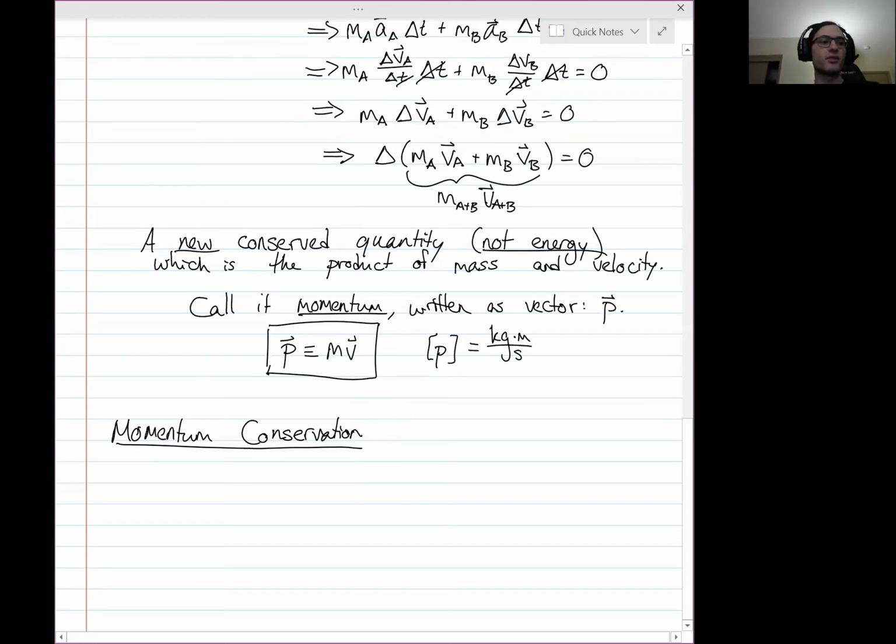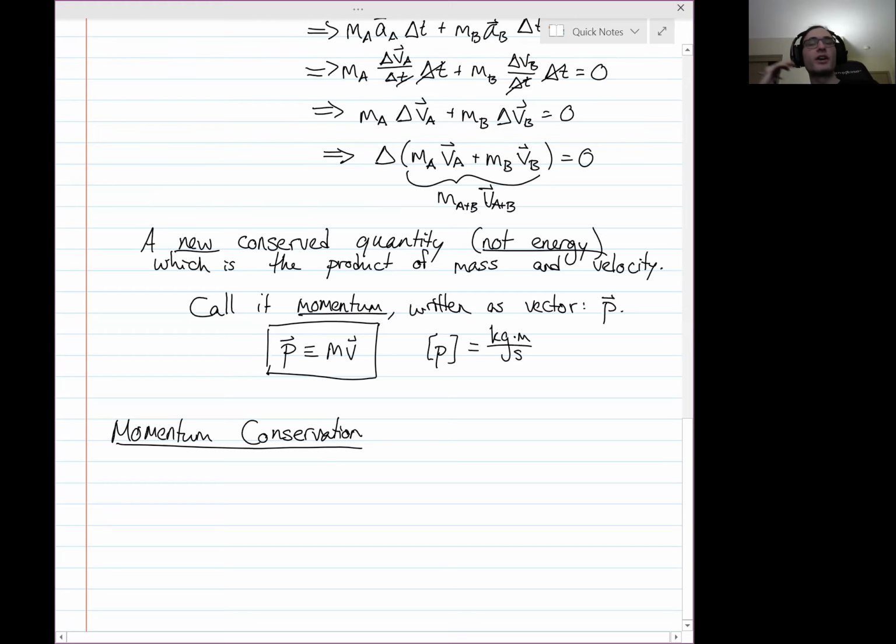And so let's try to think of what types of problems this might be useful for. Well, energy conservation was useful when we only knew information about the initial and final configuration of a system. Or maybe we knew information about the initial configuration, but we didn't know about the final. Conservation means that there's a final and an initial. Momentum conservation also lets us solve before and after pictures, or problems that have initial and final configurations.